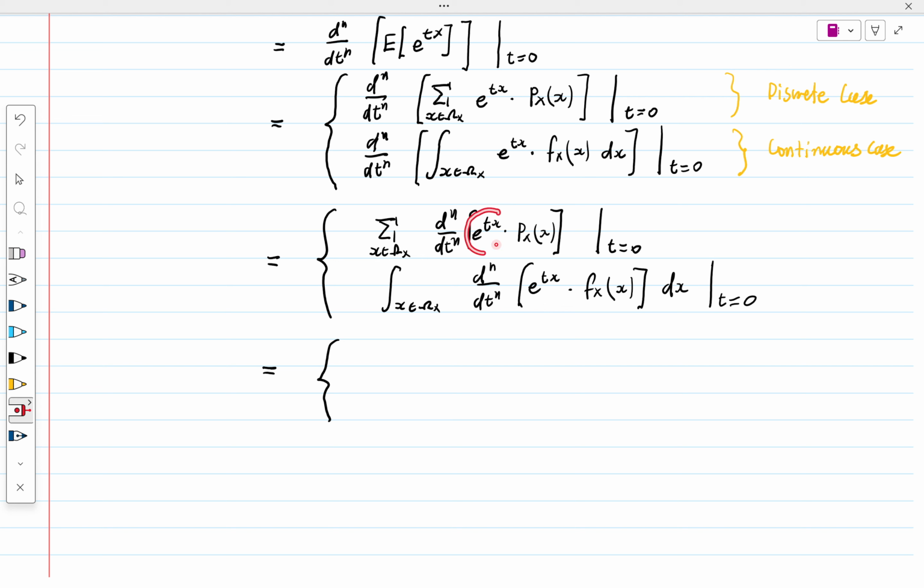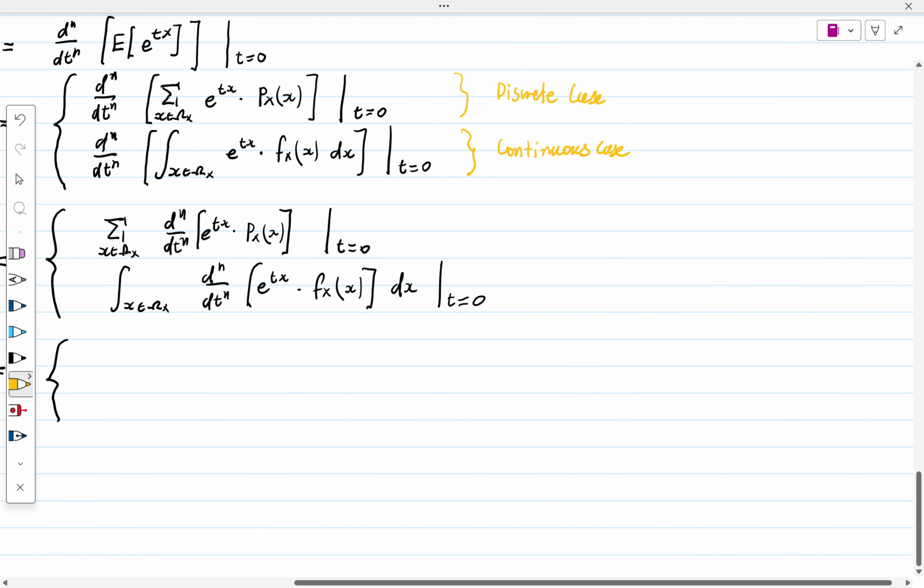Our only focus is really the e to the tx component. So what happens when you differentiate e to the tx once? I'm just going to do an aside calculation: d/dt of e to the tx.